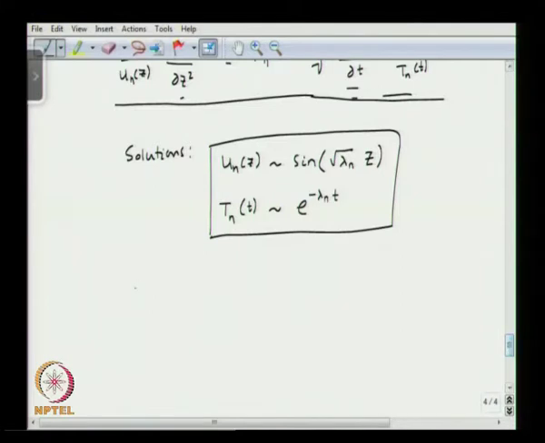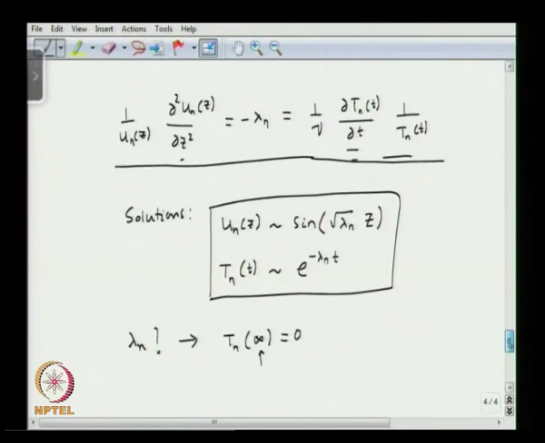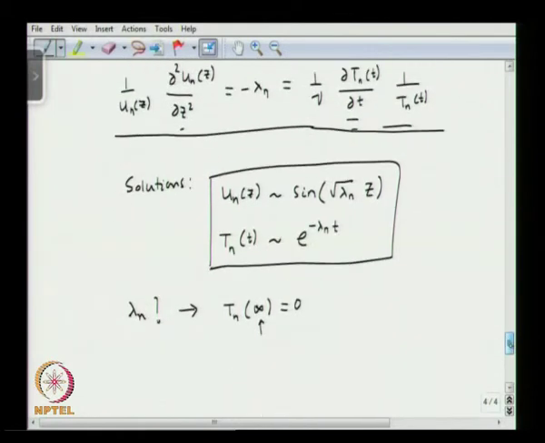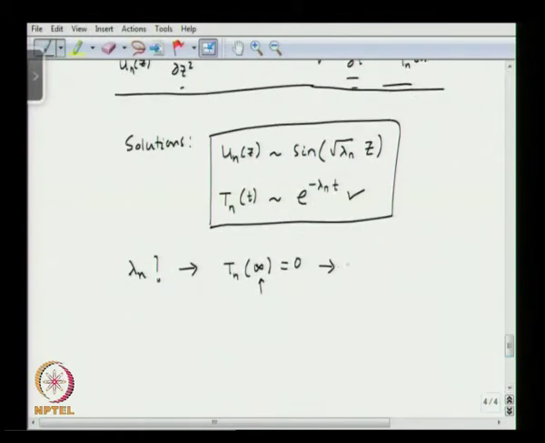Now, if you want to determine lambda n, how do we determine it? We have to use the condition Tn(infinity) is going to be 0. So, when time tends to infinity, this Tn term is going to vanish. From here, you can see that lambda n has to be positive.